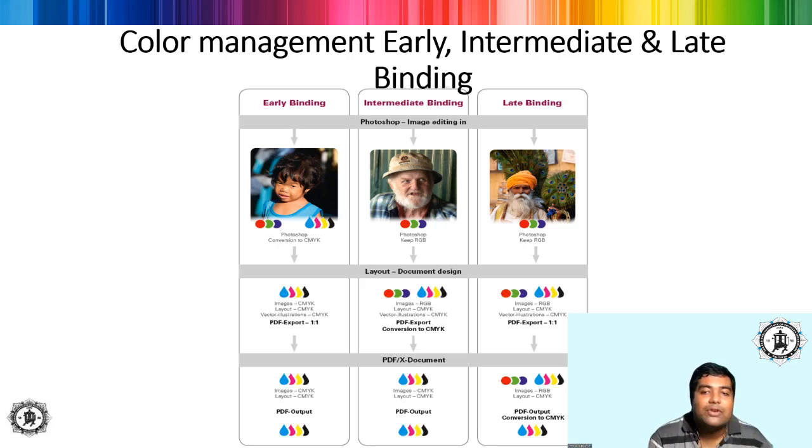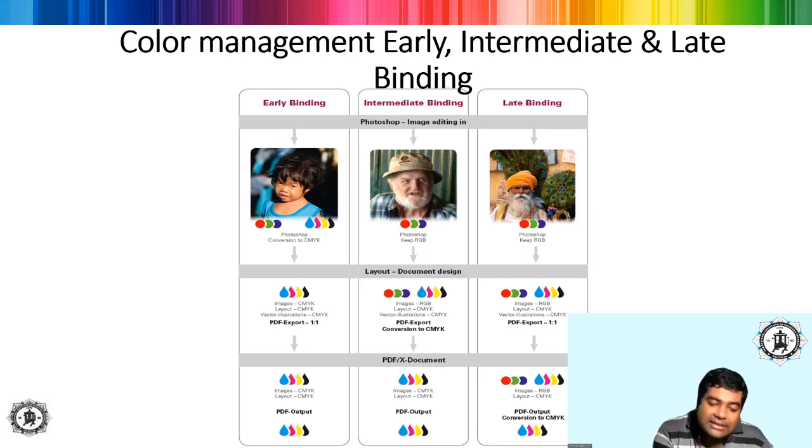Next, we have the concept of late binding. Here the RGB images are placed in the layout application and they remain in RGB even when the PDF is created. As you know, from PDF 1.4, and PDF/X definitely supports all these types of color spaces, that is ICC based, LAB and spot colors, and CMYK obviously supported.